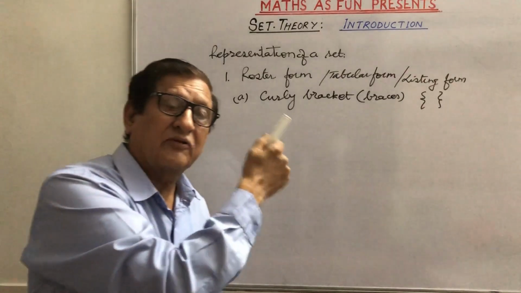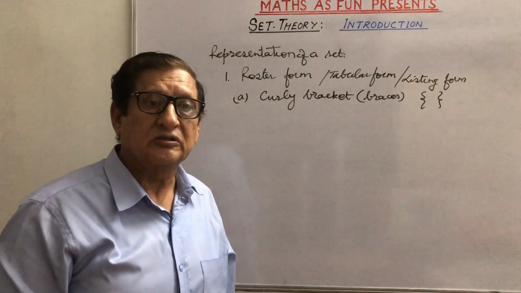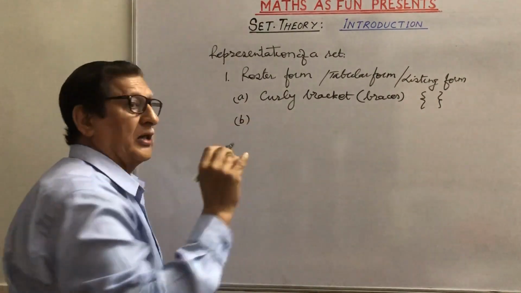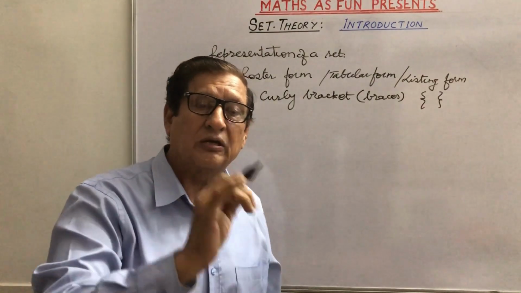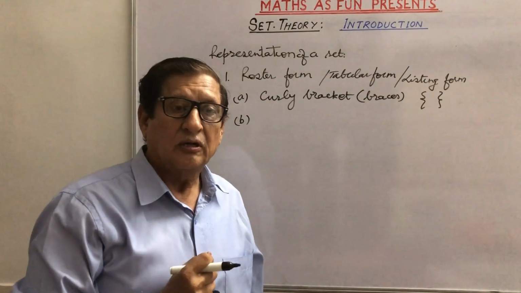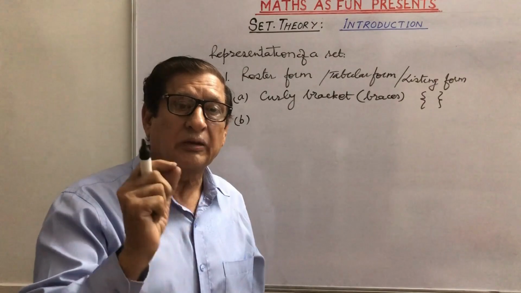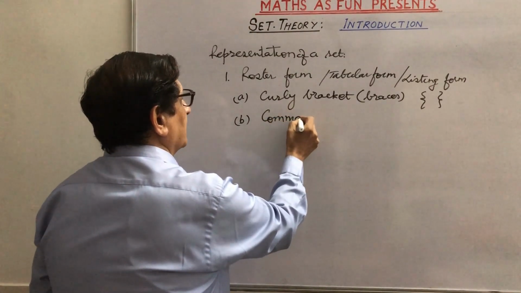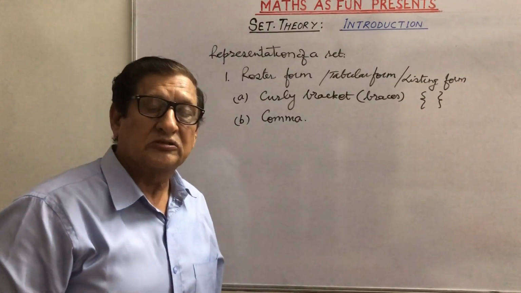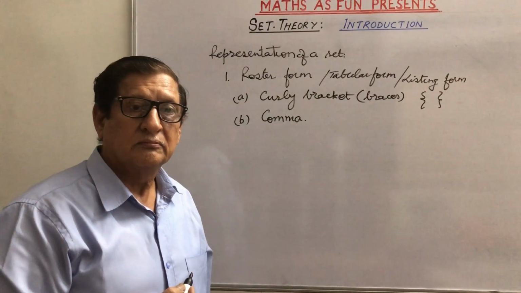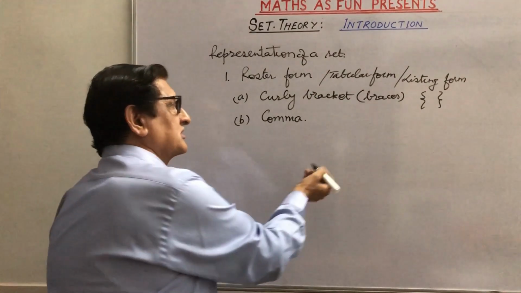This is the only bracket we have to use for representing a set. The second one is that every element, as I have told you, that members or objects collected are known as the elements. All the elements will be separated by a comma. So we have to apply a comma between all the elements so that we can separate them.